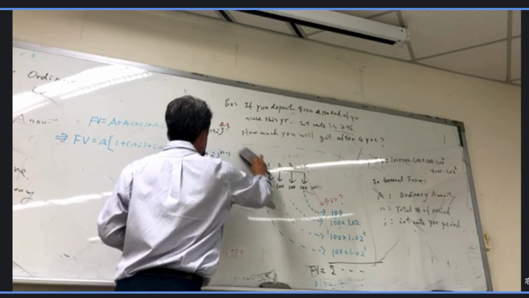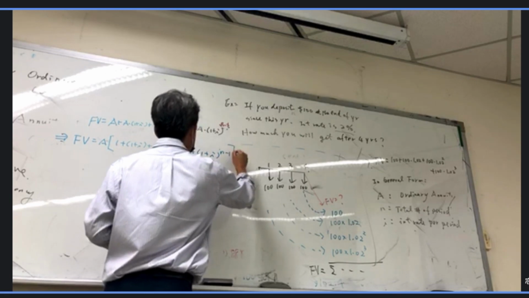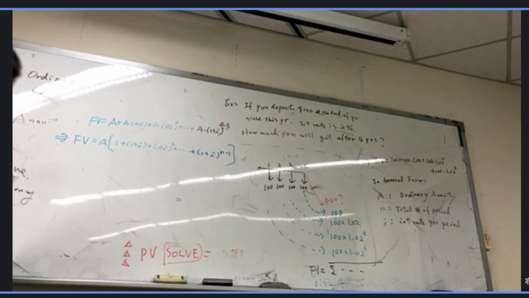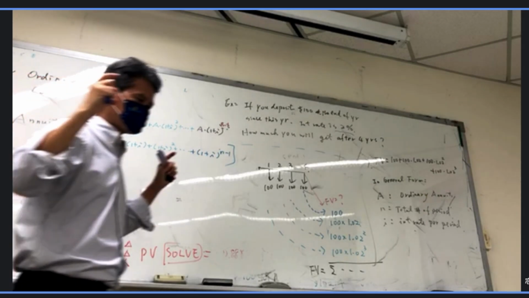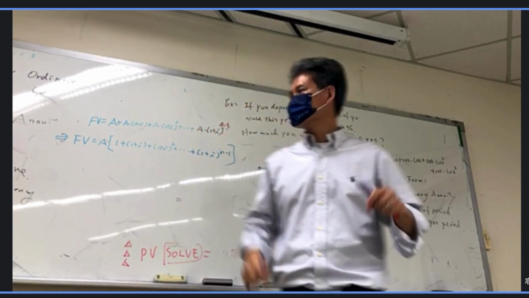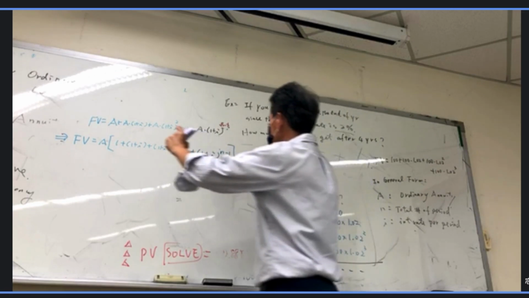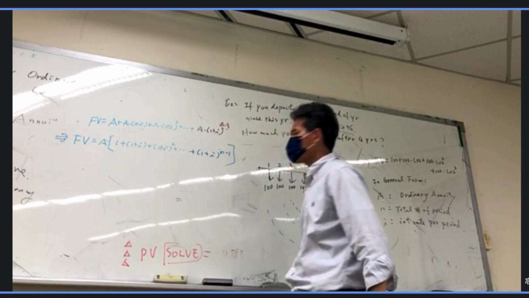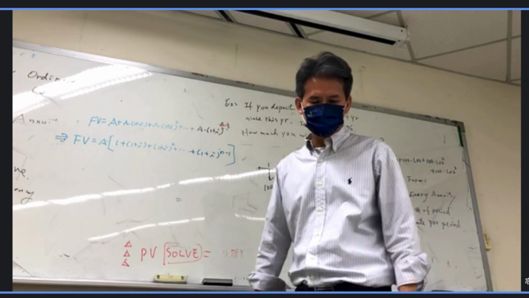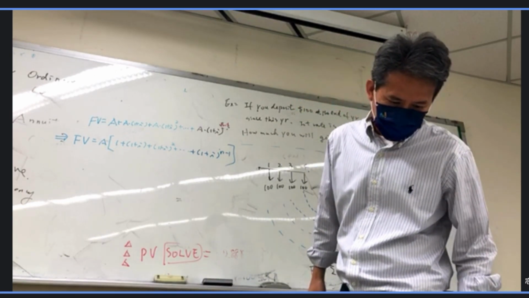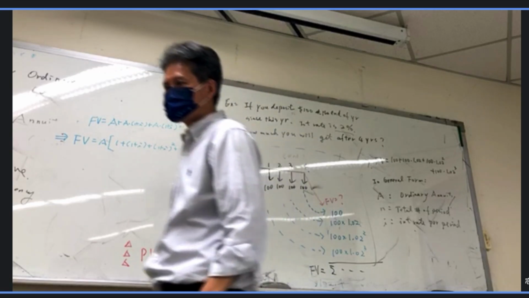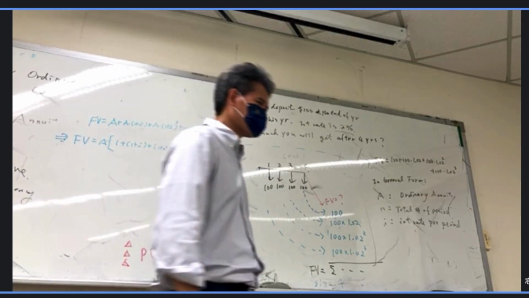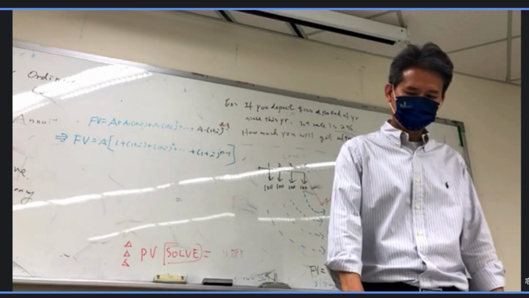All right. So now we find the common factor inside the bracket. Inside the bracket, we find the common factor as 1 plus I, right? So what's next? I think this is the high school level.